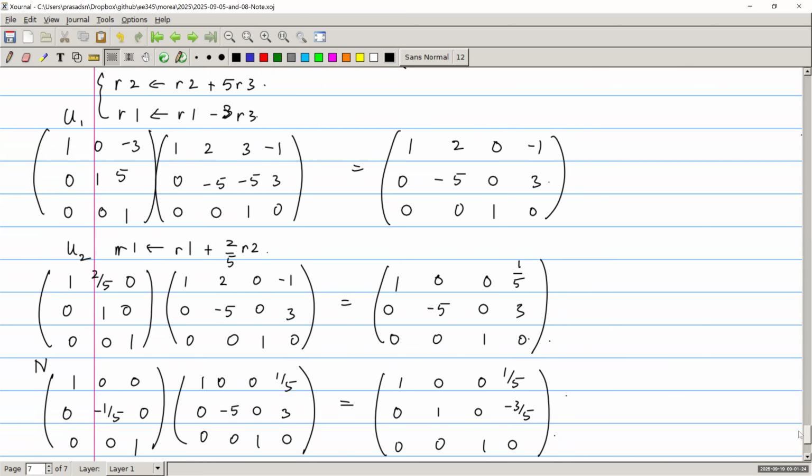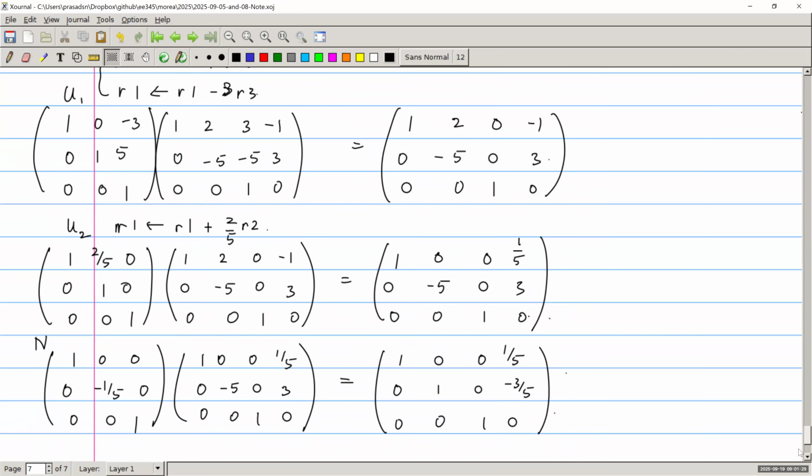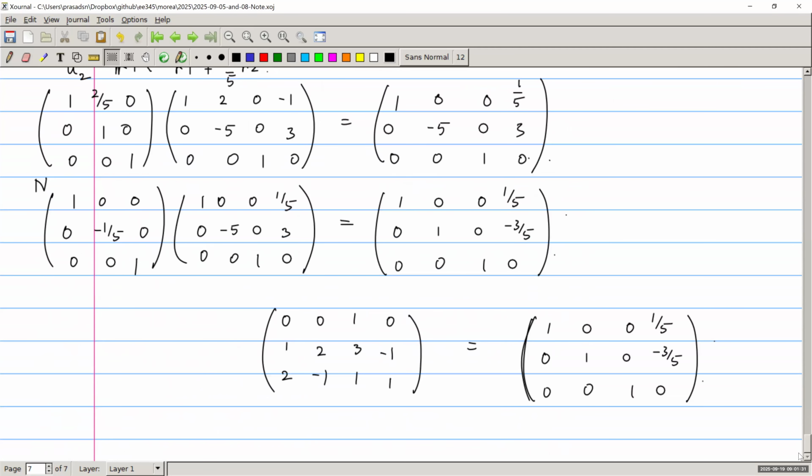Okay. Now, they're all matrix multiplication operations and you multiply on the left. Okay. Now I want to write all these matrices times this equals this. Okay. What order will I write all the matrices? So tell me from left to right, what order should I write all these matrices?